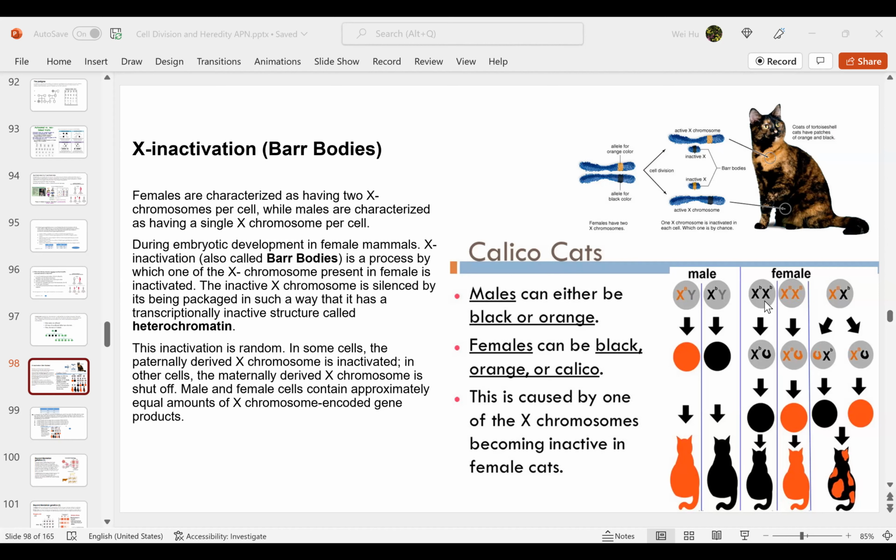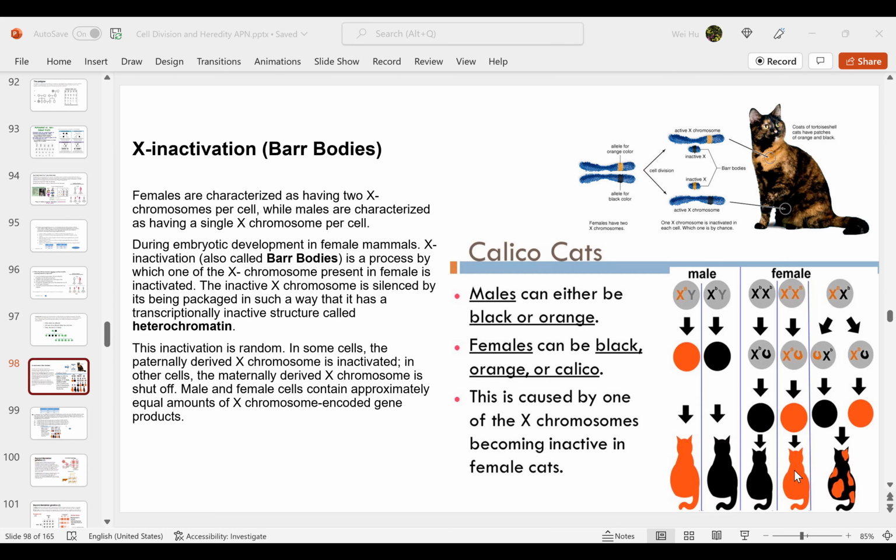They are both dominant. So if both X's code for black genes, you have a black cat. If both X's carry orange genes, you show orange.